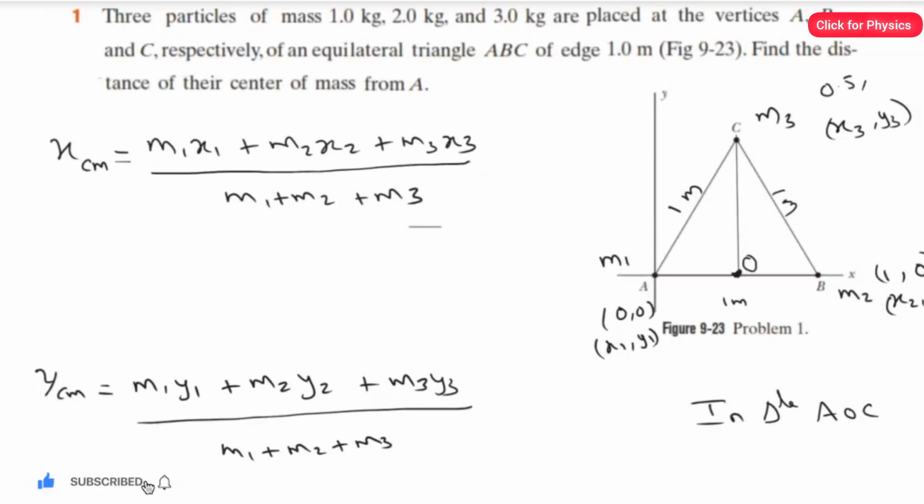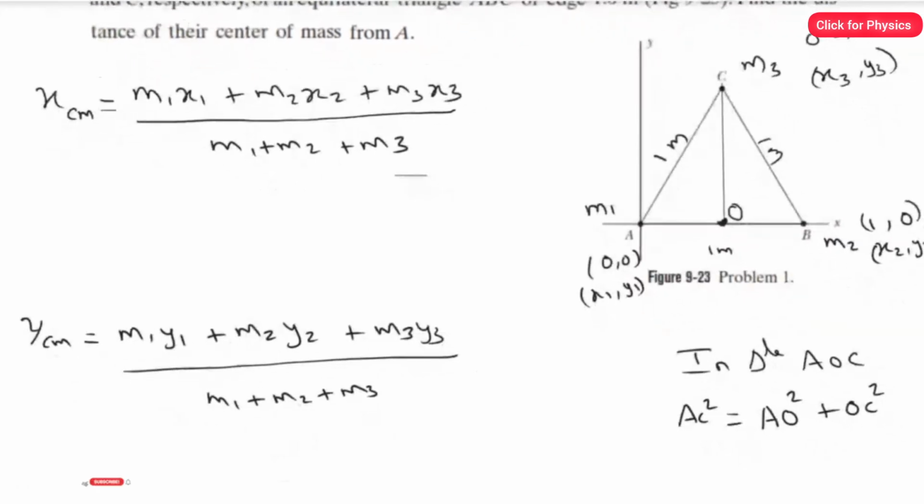AC square, that means this side, is equal to AO square plus OC square. Now for finding the value of y3, we have to identify the value of OC.